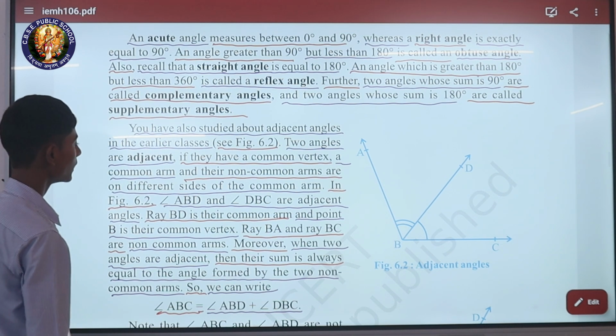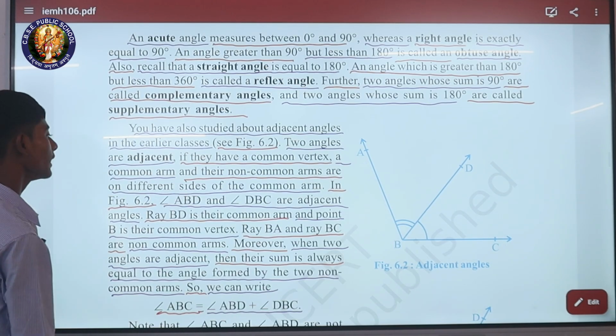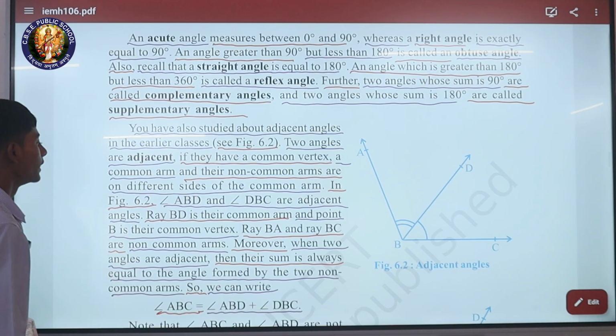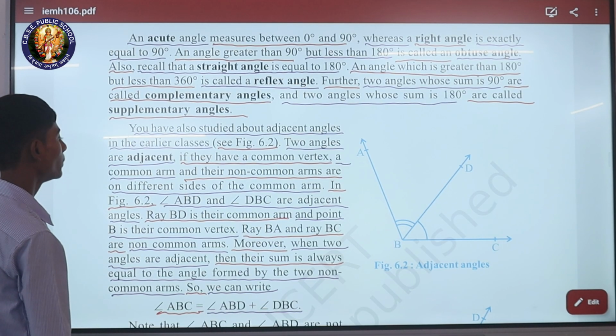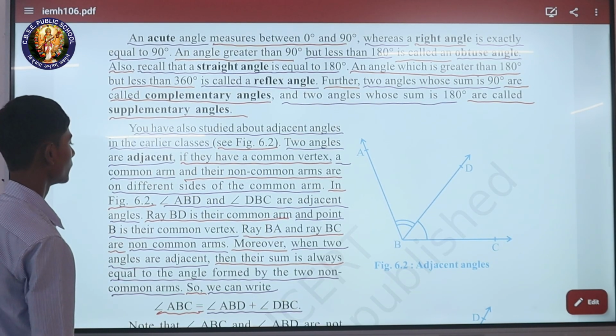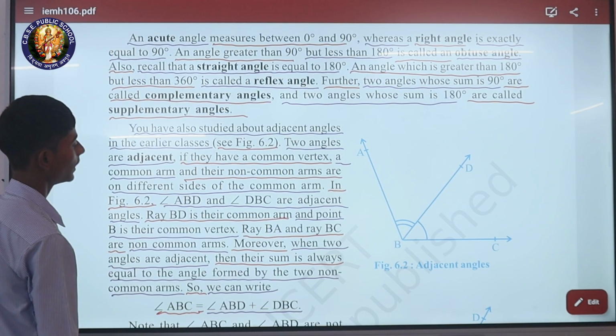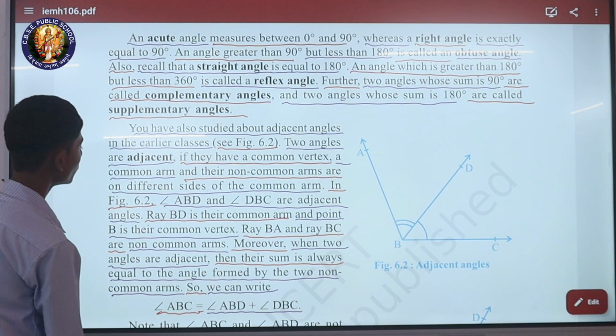In figure 6.2, angle ABD and angle DBC are adjacent angles. Ray BD is their common arm and point B is their common vertex. Ray BA and ray BC are non-common arms.